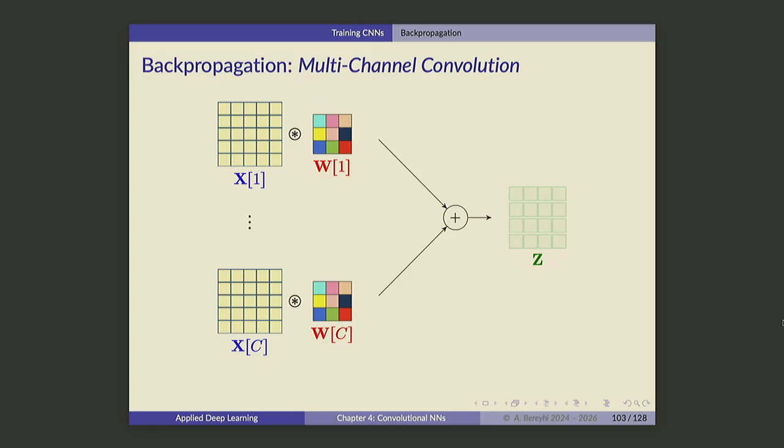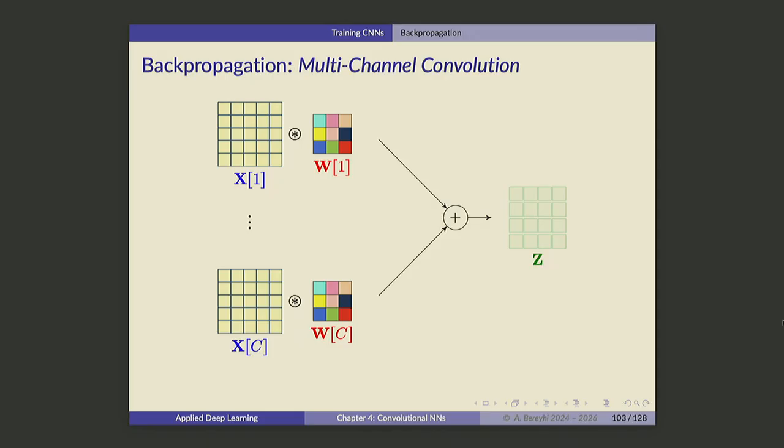First, I have z equals the summation over c from 1 to capital C of the convolution of xc with wc, right?